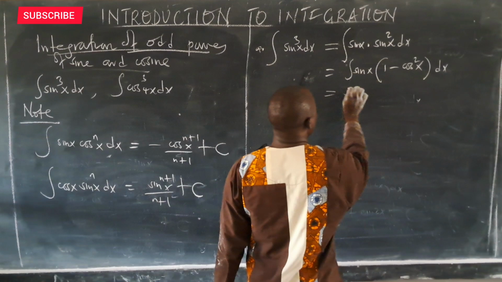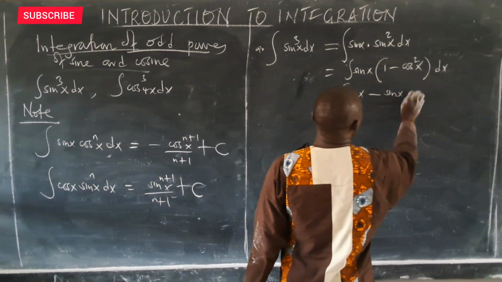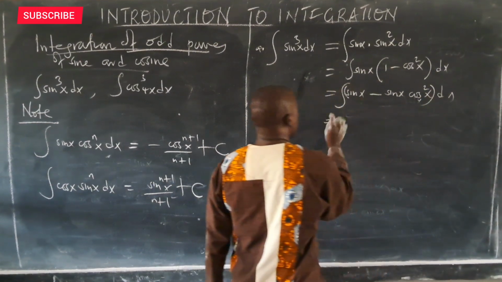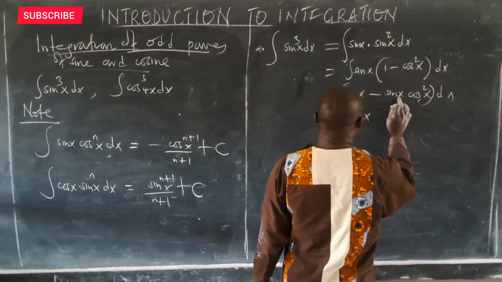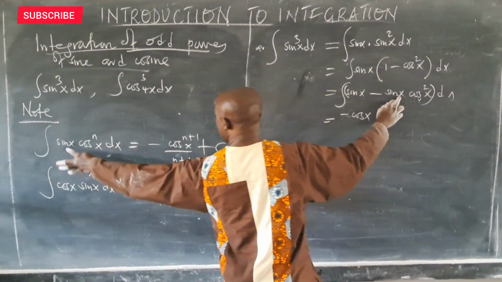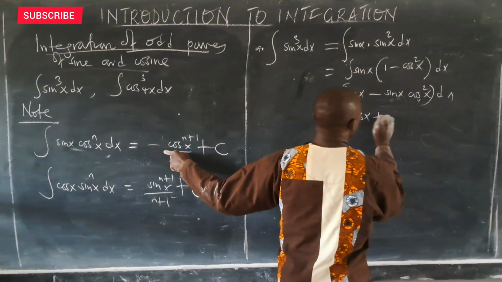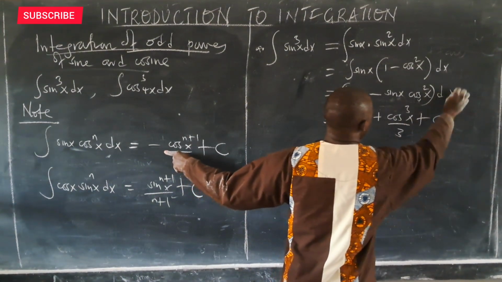Expanding this, sine x minus sine x cos squared x dx. The integral of sine is negative cos x. Since I have this expression here, sine is here, cos is there, it's negative, so this becomes positive: cos raised to the power 3, over 3, plus a constant.